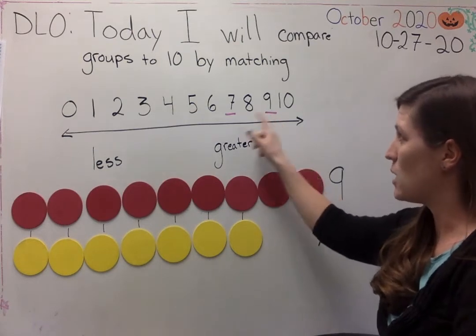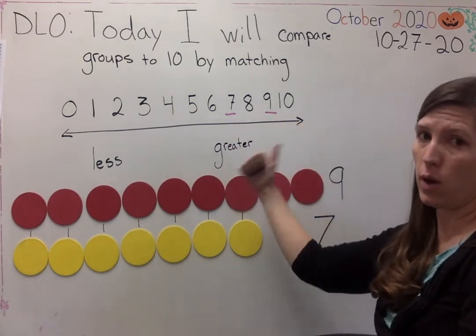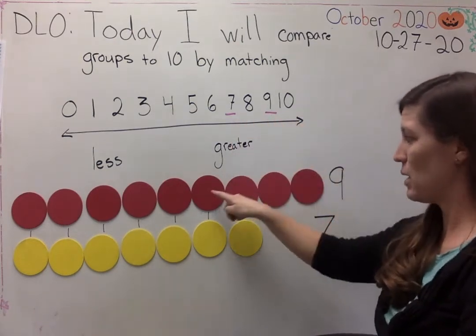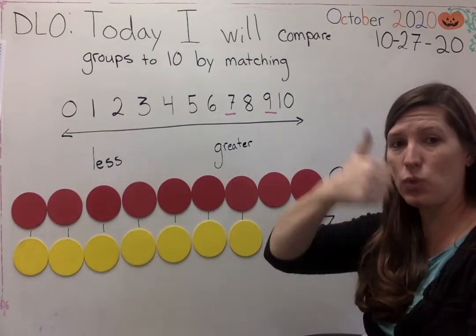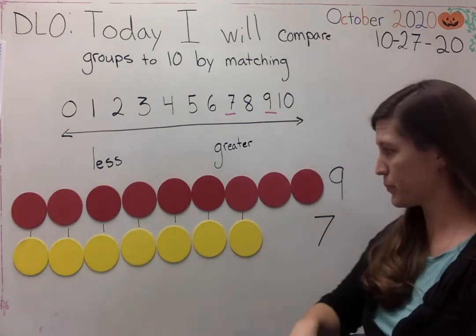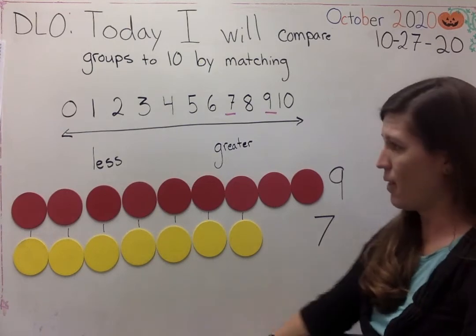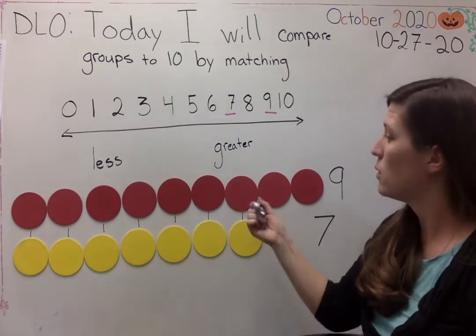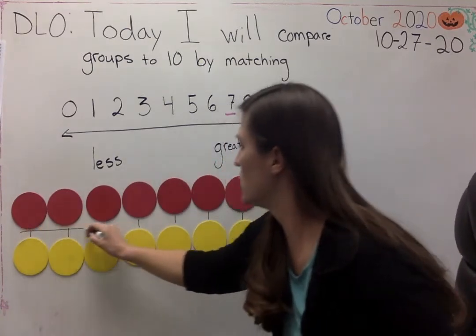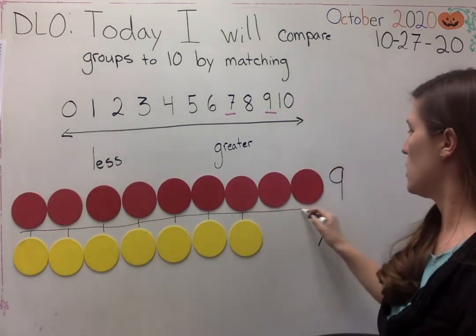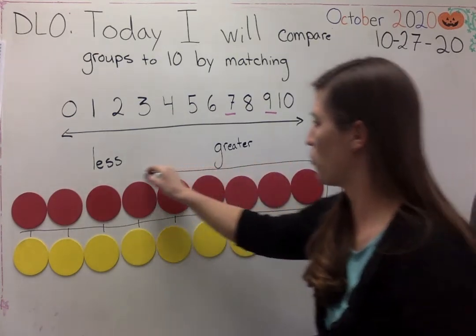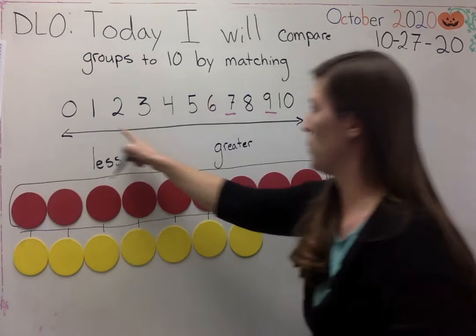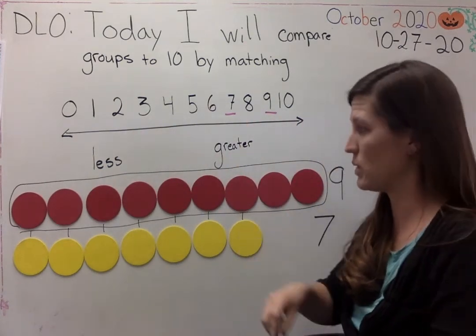My 9 is further away from 0. It has more quantity. It is greater, getting more. So I'm going to circle the group that is greater, which is number 9, because 9 is farther away from 0. 7 is closer, so it's less.